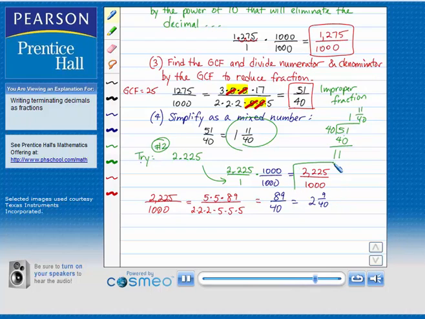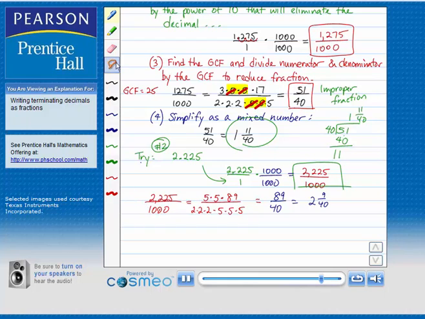There is my decimal number converted to a fraction. But I also want to reduce it, so I found the factors of 2,225. Those are 5 times 5 times 89, and the denominator 1,000, as we did above, 2 to the third times 5 to the third.